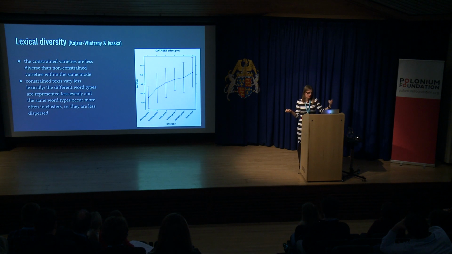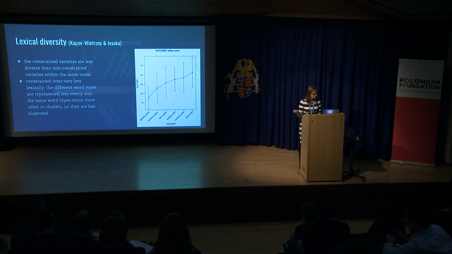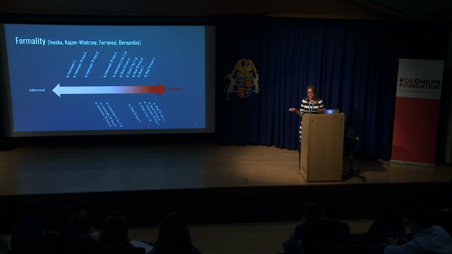Also, as I mentioned before, the range of vocabulary that is used when people interpret and when they translate and when they use language as a non-native tongue is much narrower, and this has been confirmed. And it's confirmed both on the spoken register, so when we speak, and when we write. And also an additional feature that we investigated, formality.